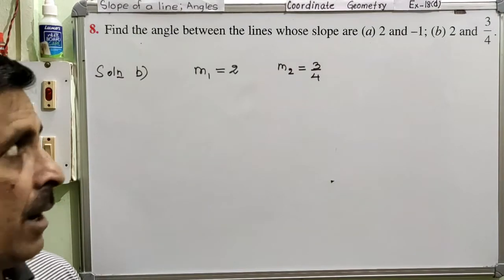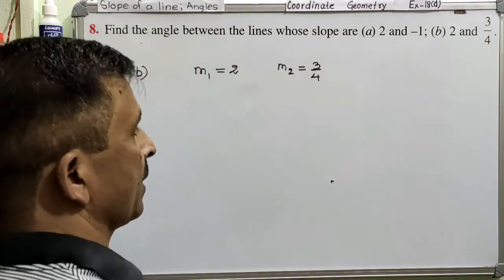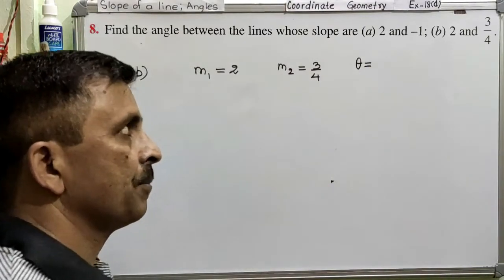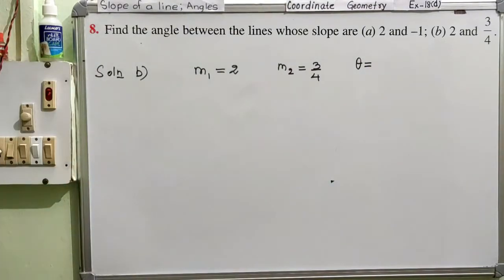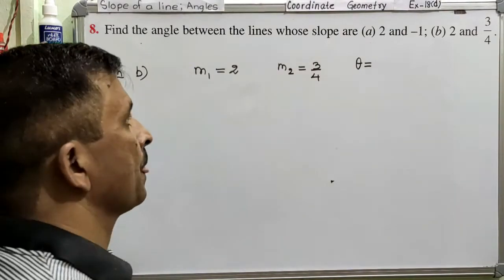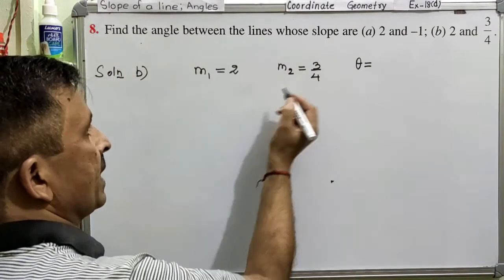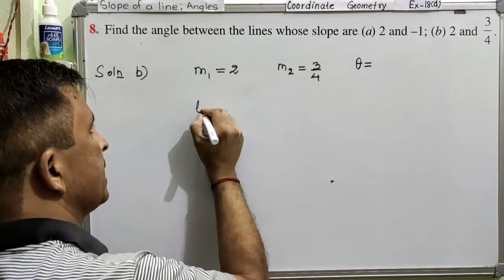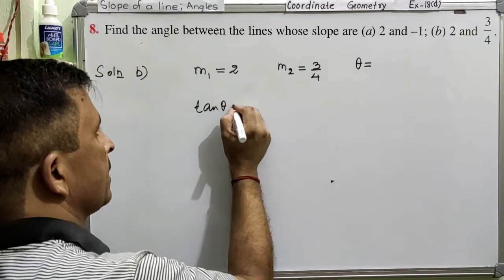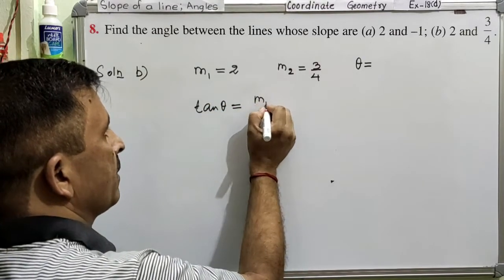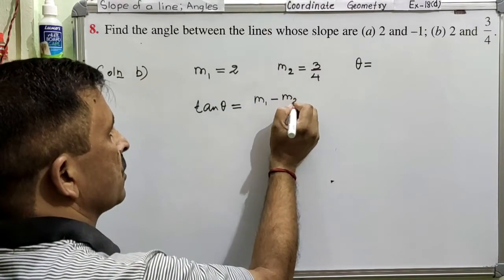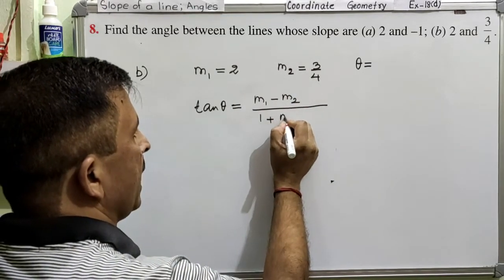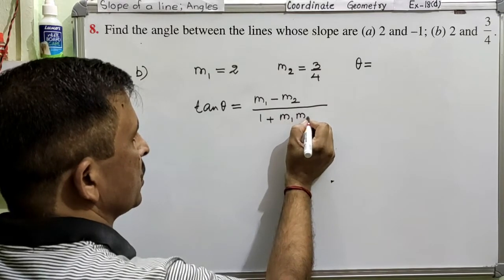Am I very clear? Now the question is to find the angle between them, that is, you have to find the angle theta. In this case, we have a formula for finding the angle between two lines when the two slopes are given, and that formula is tan theta is equal to m1 minus m2 divided by 1 plus m1 into m2.